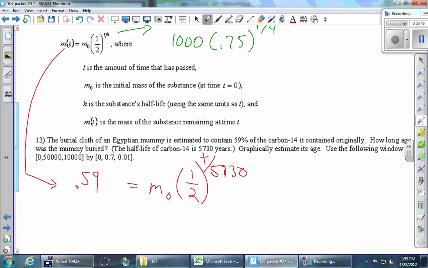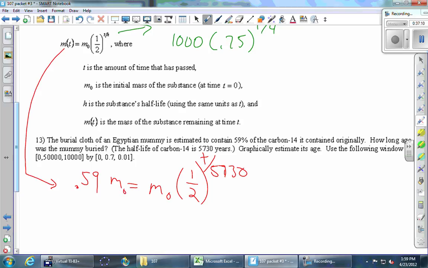I like 0.59. It's 59% of whatever you started with. I don't know what I started with, but I know it was called M0. So 0.59 M0 is 59% of what we started with. So that's the equation we're trying to solve.